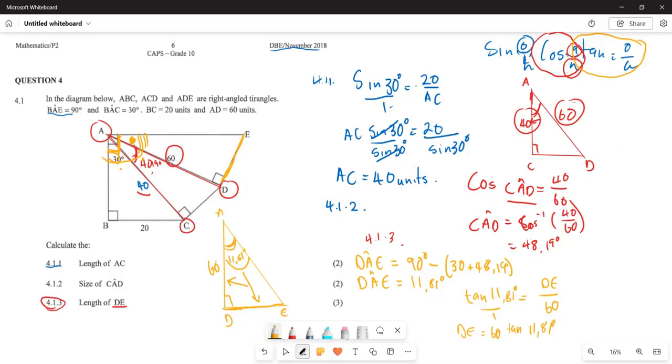Can you see that? And then your side DE that you are going to find in here is going to be 12,55 units, right? And this is your side DE that you are required to calculate.